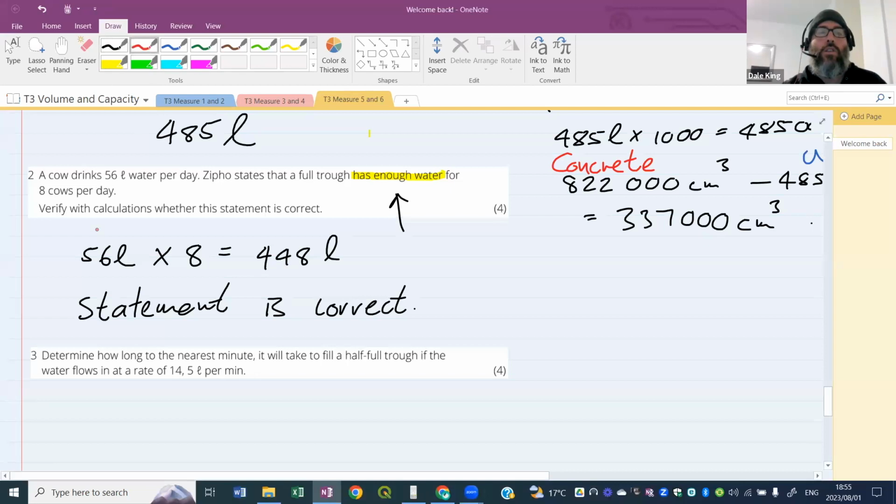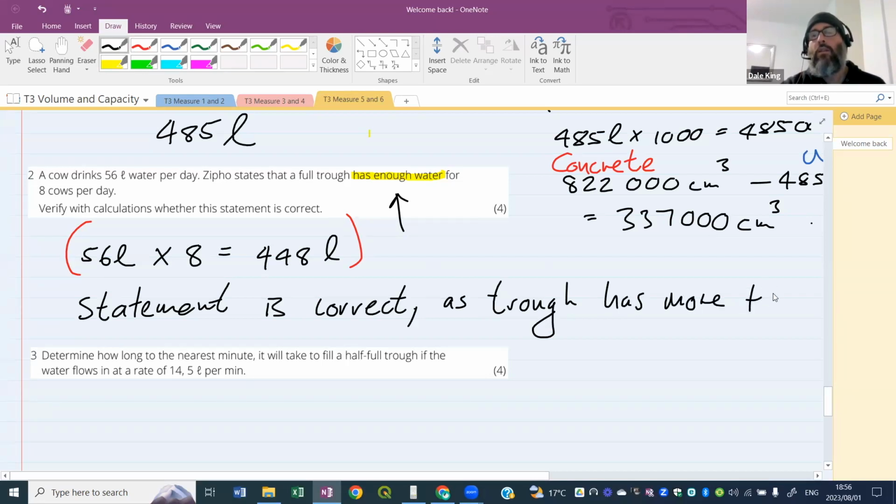All right, so this calculation that we have here is backing up our answer. You could add this, you could say the statement is correct as the trough has more than enough.